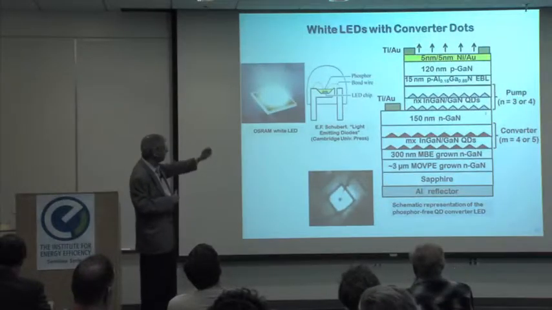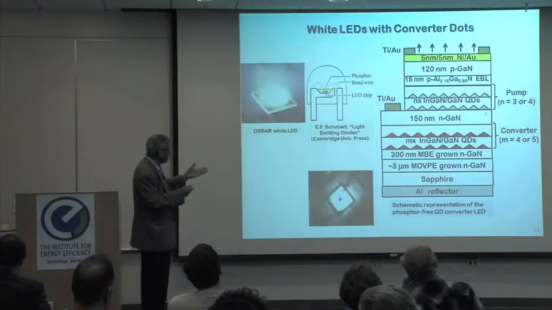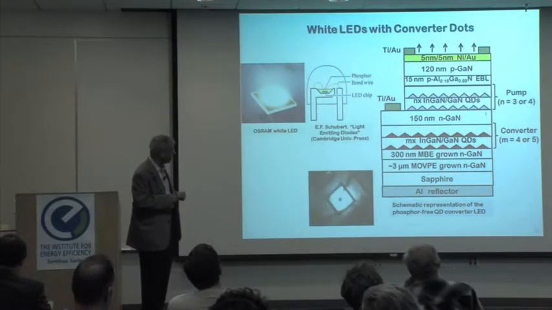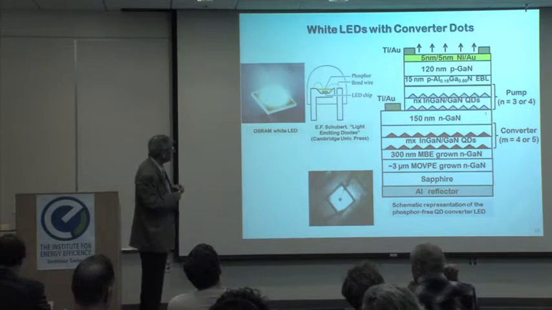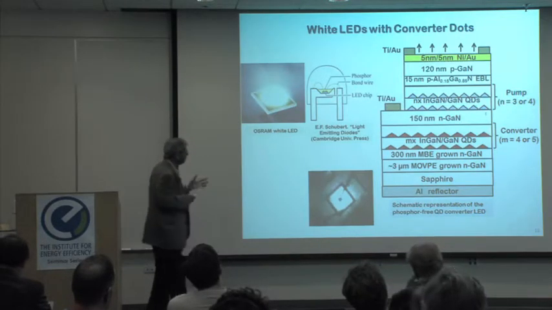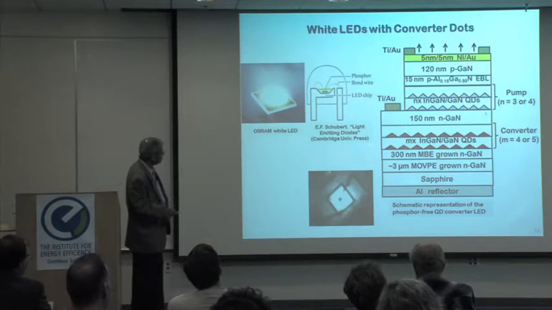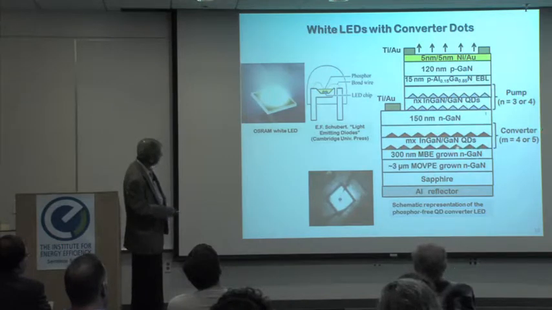And now that we can grow red dots or even beyond, I mean as that early paper said, you can grow dots even with 100% indium. We haven't gone there, but it can perhaps be done. So what we do is we place these red emitting dots, or multiple layers of those, below the contact layer.